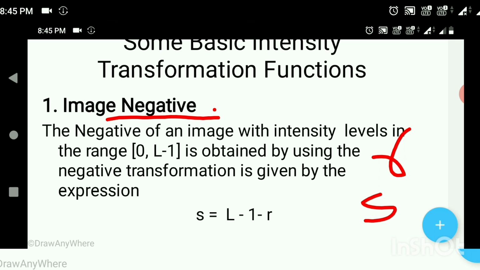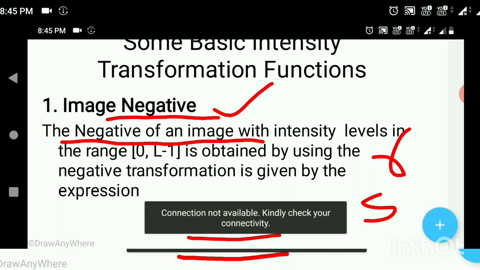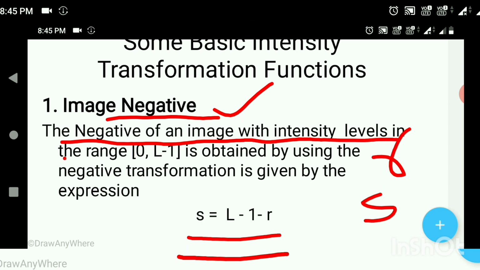Now, the image negative is given by S is equal to L minus 1 minus R. The negative of an image with intensity levels in the range of 0 to L minus 1 is obtained by using the negative transformation, that is nothing but S equal to L minus 1 minus R. Now let us take L is equal to 256.